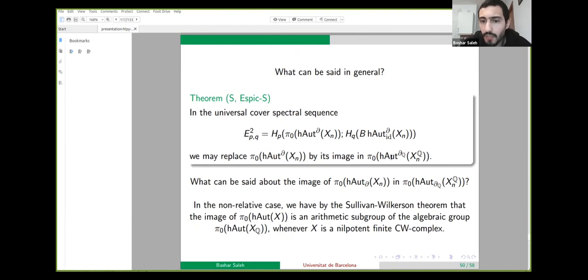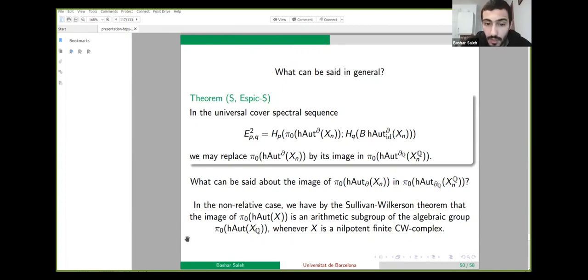In the non-relative case, if you take just a space and it doesn't need to preserve the boundary or any subspace, possibly a base point but nothing larger, then we have by the Sullivan-Wilkerson theorem that the image of the group of components of the homotopy automorphisms of X is an arithmetic subgroup of the algebraic group of the components of the homotopy automorphisms of the rationalization of X. And this happens whenever X is a nilpotent finite CW complex.